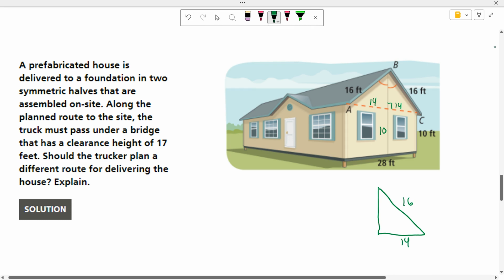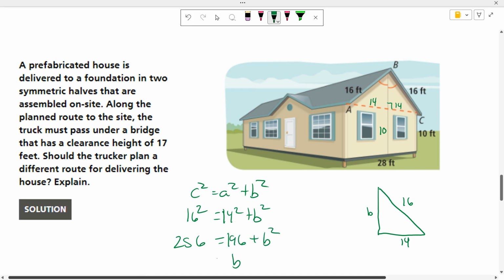Well, c squared equals a squared plus b squared. So 16 squared equals 14 squared plus b squared. 16 squared is 256. 14 squared is 196, right? So b squared must be 60.